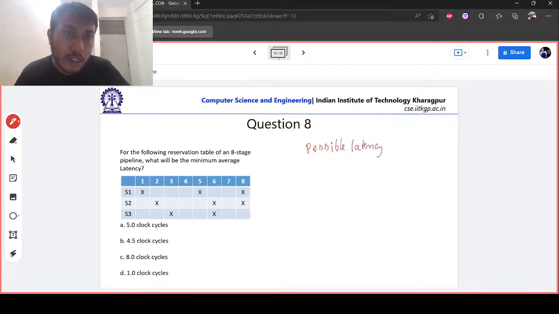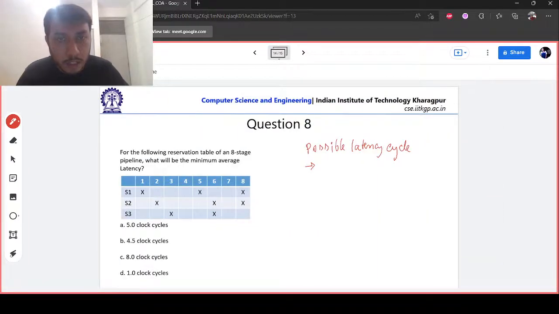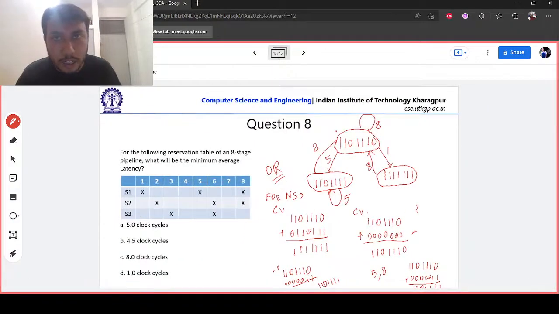First one is 8, only 8. That is one possible cycle. Next we have 1 and 8, that is one possible cycle.